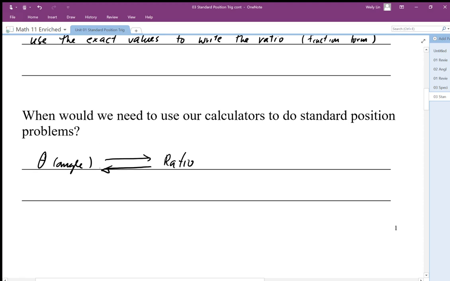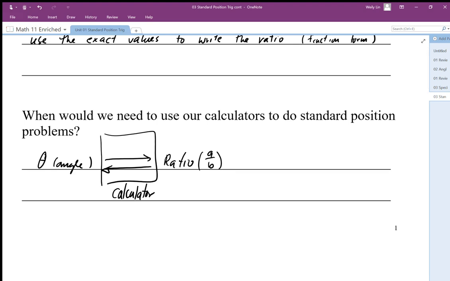This involves a calculator. We need to be able to go between the ratio form and the angle form using our calculator, except for those special value triangles, those special value angles that we did last day.